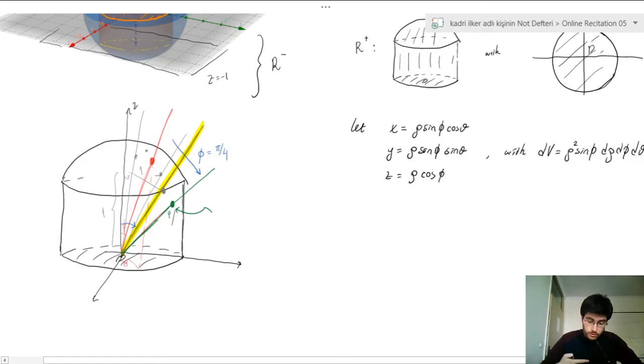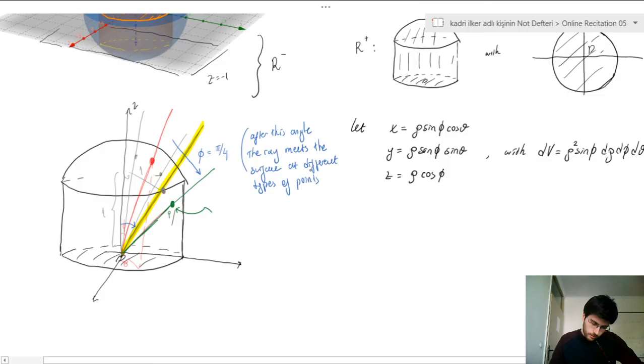So your light beam meets the surface at different types of points. So after that angle, as we discussed before, the ray meets the surface at different types of points. Okay, so this was the idea, if you remember.